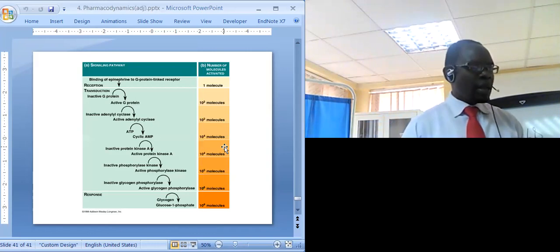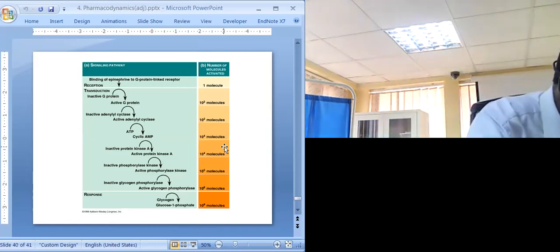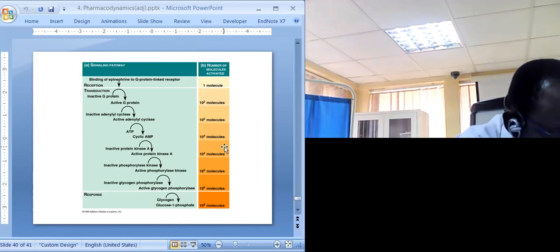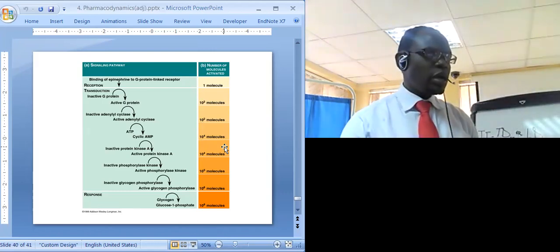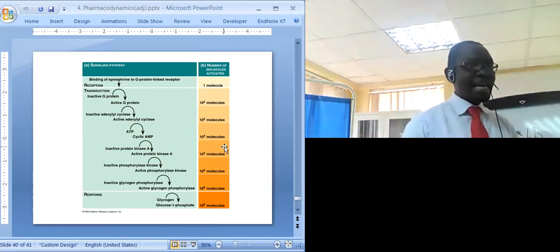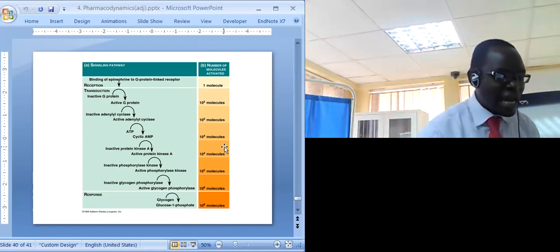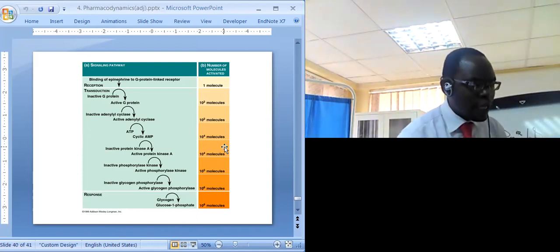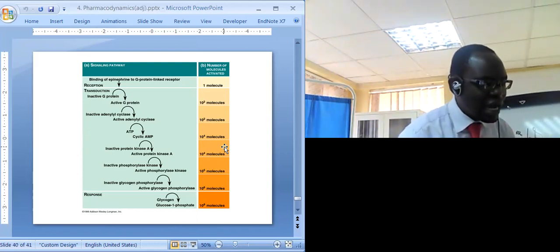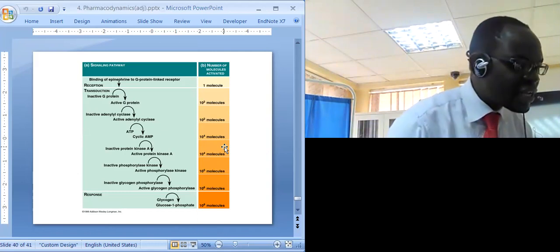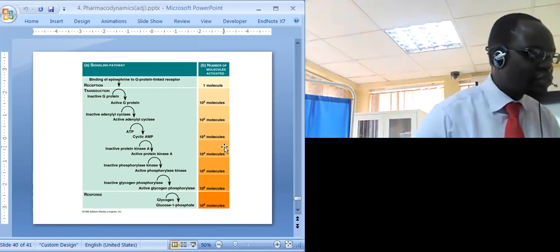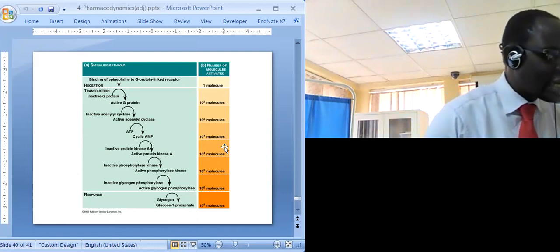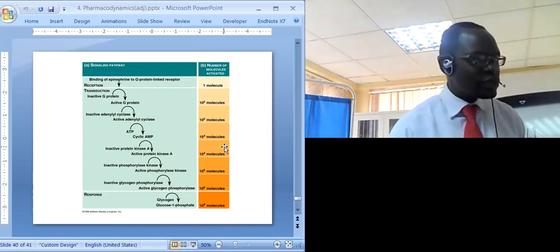This diagram gives us a summary of how a second messenger, cyclic AMP, is created, and how it brings about amplification. They give an example, epinephrine. You know epinephrine. Epinephrine binds to a G protein linked receptor and causes activation of the G protein, as we saw.